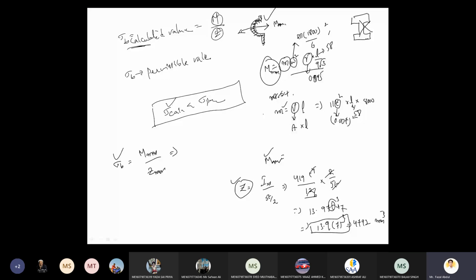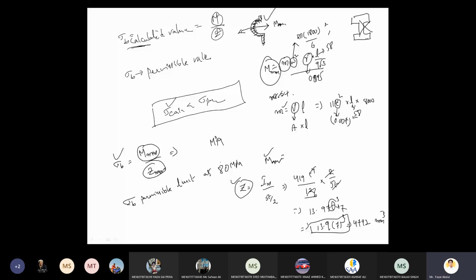So after calculating this one, you people calculate it and substitute in this equation, here m value and here z value. You will get 1 megapascal value. And here permissible limit is given in the question as 80 megapascal. So whatever we calculated, that should be less than this permissible value.